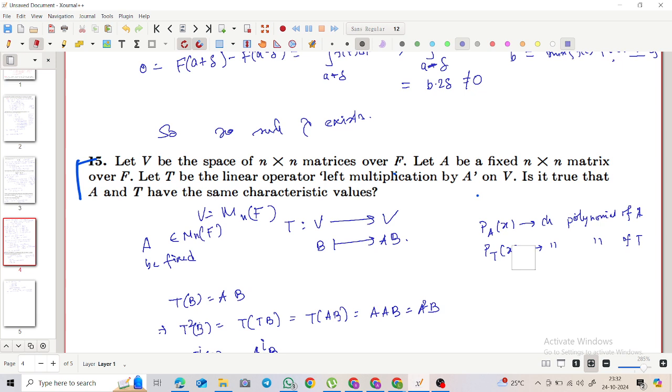A can be considered as a linear transformation from F to the power n to F to the power n, and T is a linear transformation from M_n(F) to M_n(F). These are different vector spaces. This is isomorphic to F^(n squared), and this is isomorphic to F^(n squared), so these are not the same. Wait a minute, what the hell is going on?